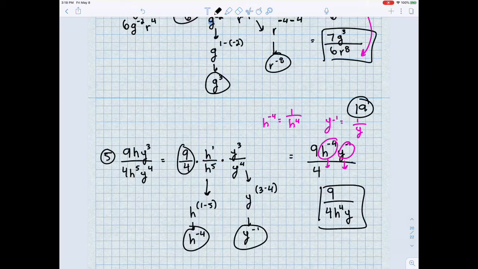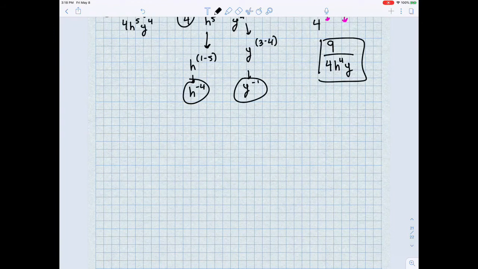Okay, so there's one more type of question that I want to go over really quick. And that would be our power rule. So let's take a look. Let's start off a little simpler.